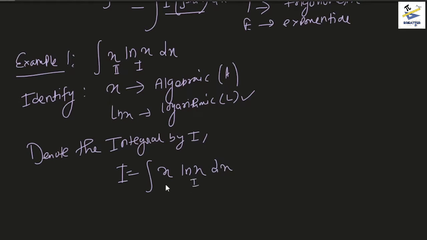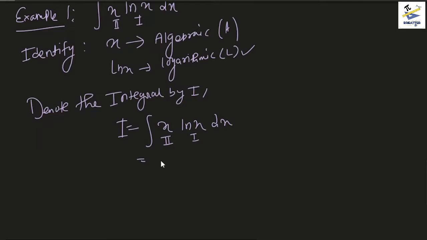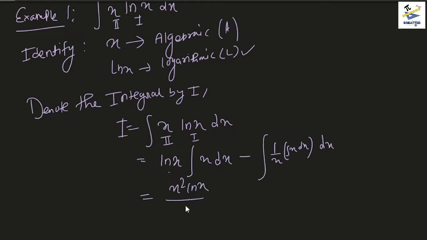Given that we are denoting log x as first function, x as second function, which means we should have first function into integral of second function minus integral of derivative of first function, which is just 1 by x, into integral of second function, and the integral of the whole thing, right? So integral of x dx is just x square by 2, right? So it should be x square ln x by 2 minus, we have already found the derivative of log x, which is 1 by x, and again integral of x is x square by 2.